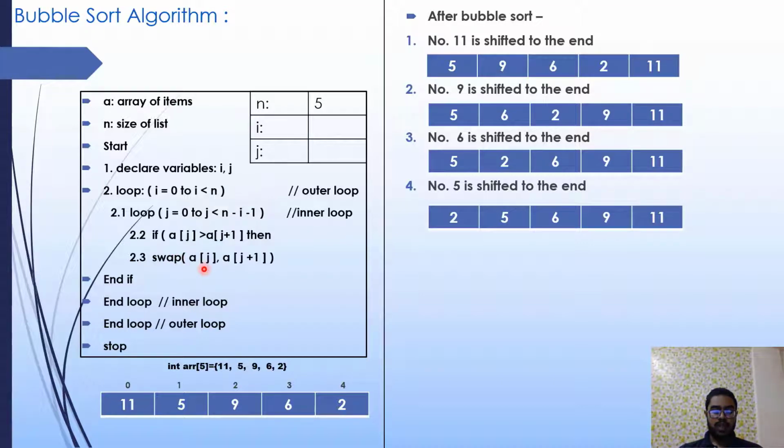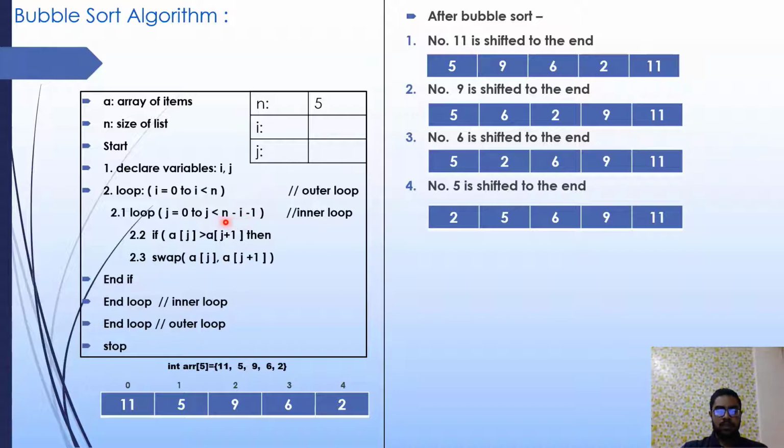This swapping happens over here. 11 will take the place of 5 and 5 will take the place of 11, and then the swapping will end and it will go to the inner loop where j will be equal to 1 and 1 is less than n minus I minus 1, where n is 5 and I will be 0 because we haven't finished the inner loop.